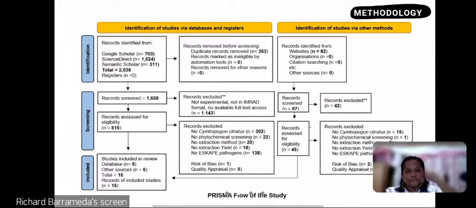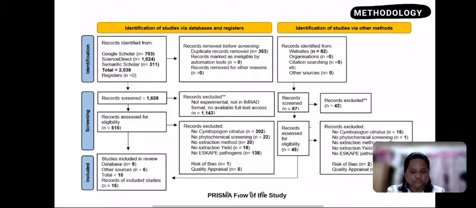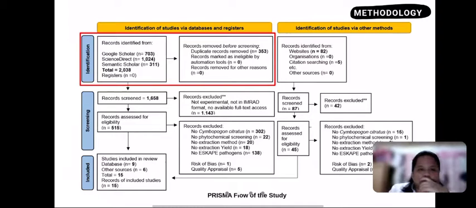And for the methodology, presented here is the PRISMA flow of our study, from identification process to the screening of papers and to the inclusion of accepted data studies. First, records were identified from the three databases with corresponding number of their unfiltered results, namely Google Scholar with 703, ScienceDirect with 1024, and Semantic Scholar with 311 records respectively, amounting to a total of 2,038 records from three databases.